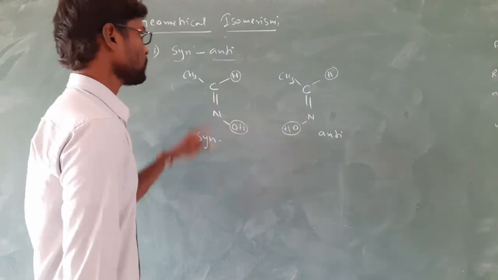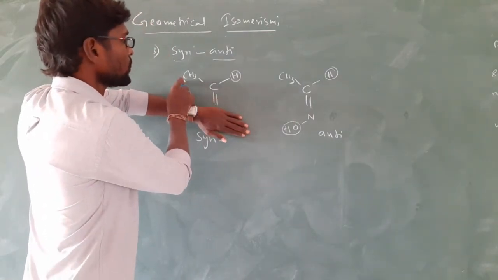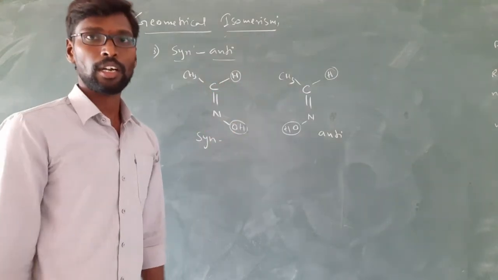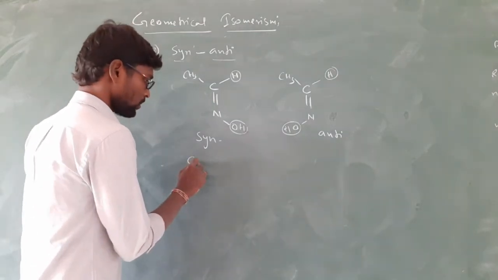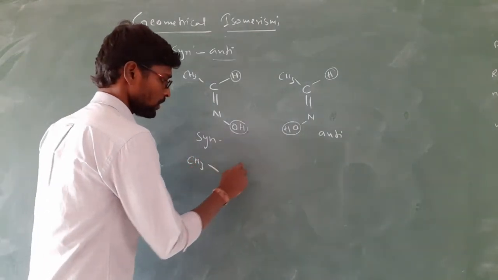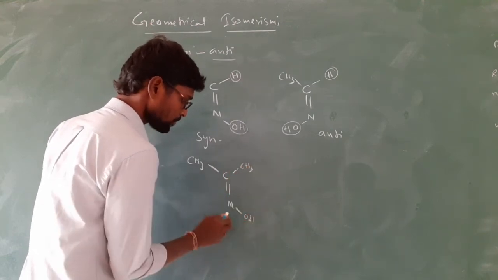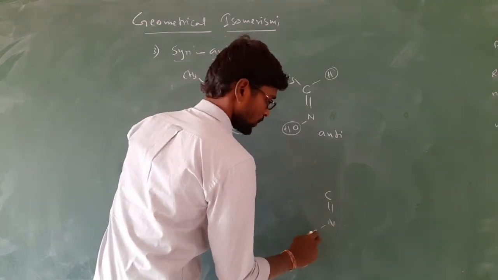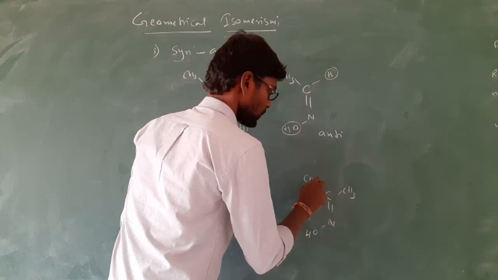Right. This is the aldoxime because if you remove this and keep oxygen here, this is CH3CHO, an aldehyde. So this is called aldoxime. If you go for ketoximes, CH3, C, CH3, here double bond NOH. Then C double bond N, OH, here one CH3, here one CH3.